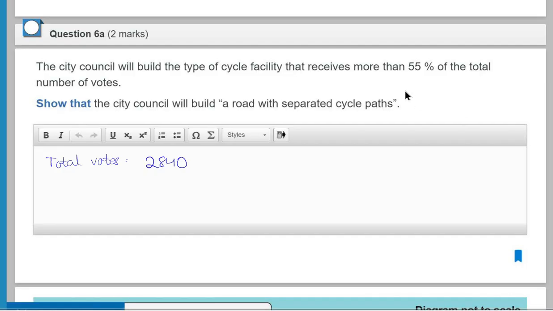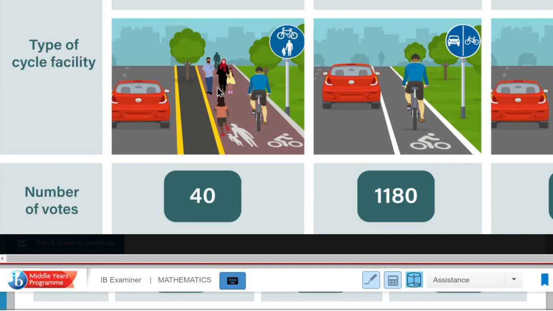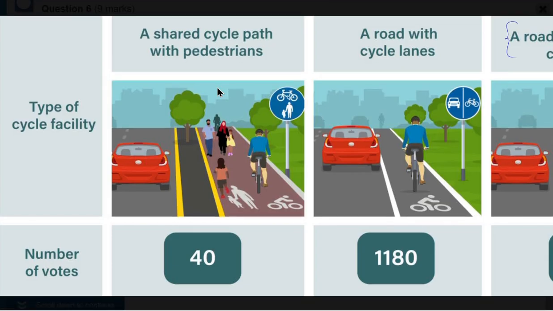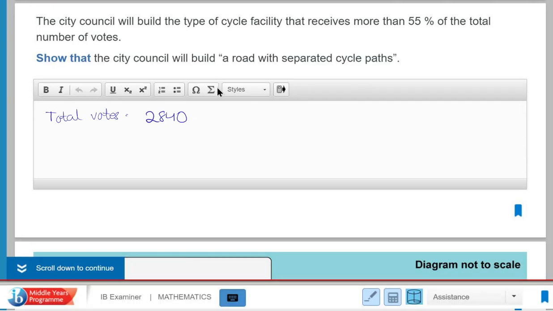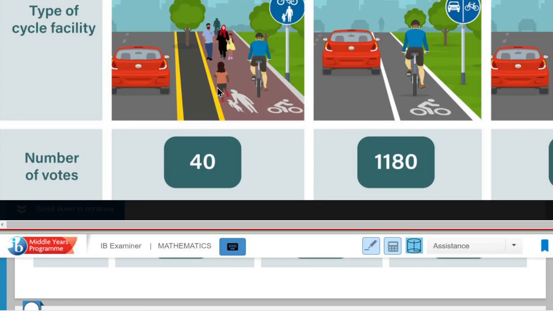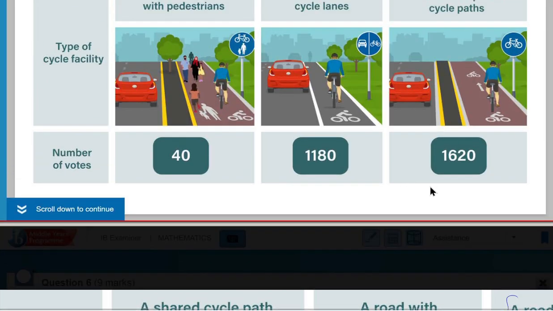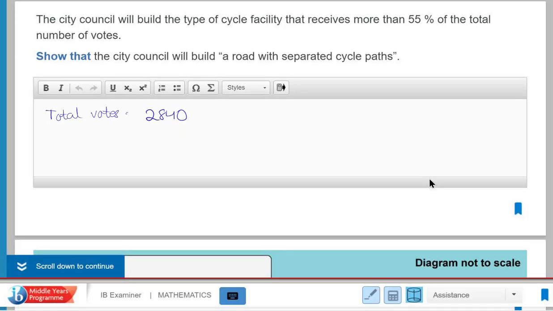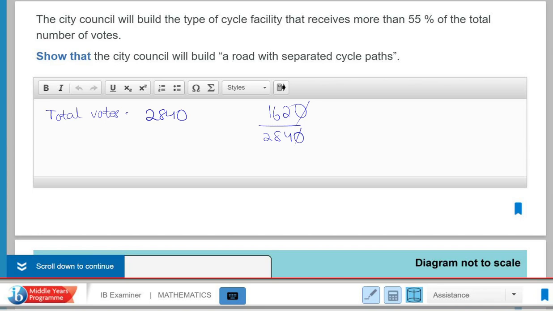And in order to receive more than 55% of the total number of votes for the cycle facility, which one? Okay. So we have to focus on this one, 1620, right? So if you were to divide 1620 by 2840, is that going to be more than 55%?